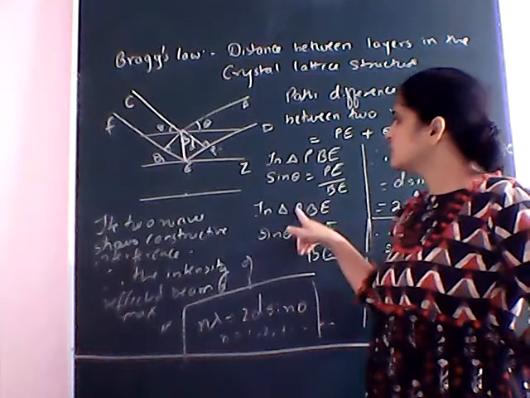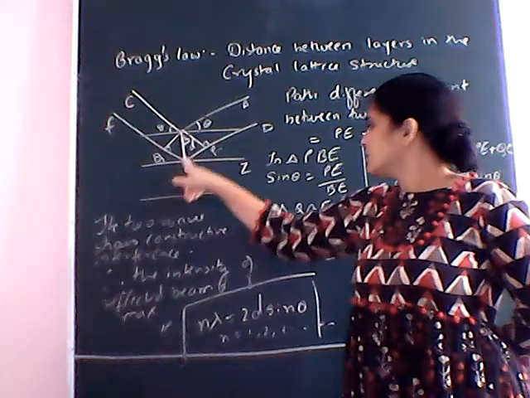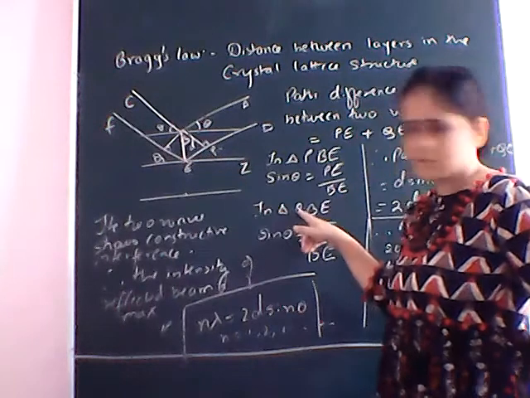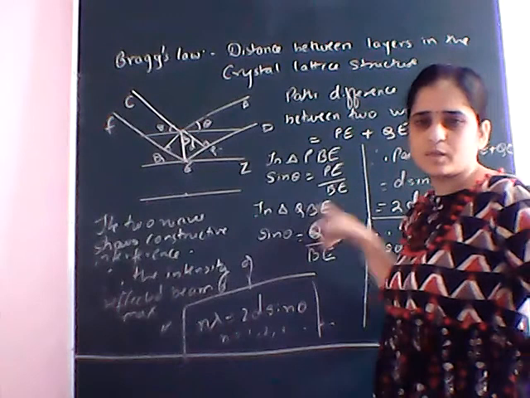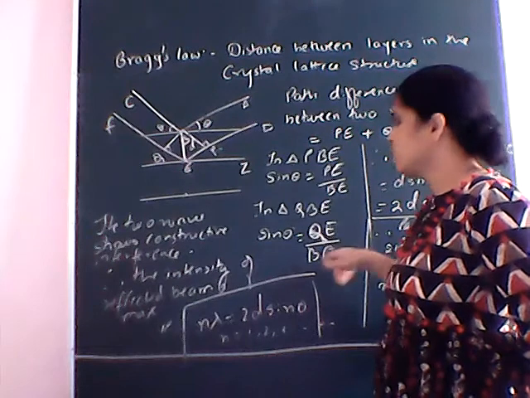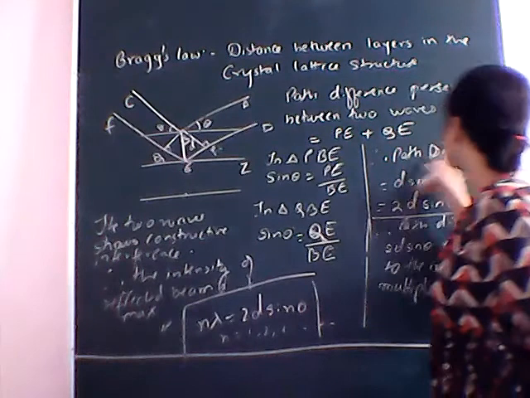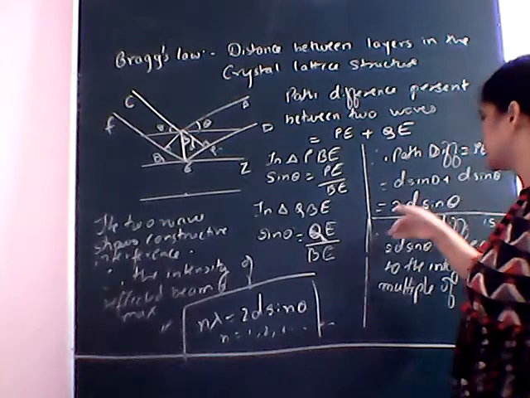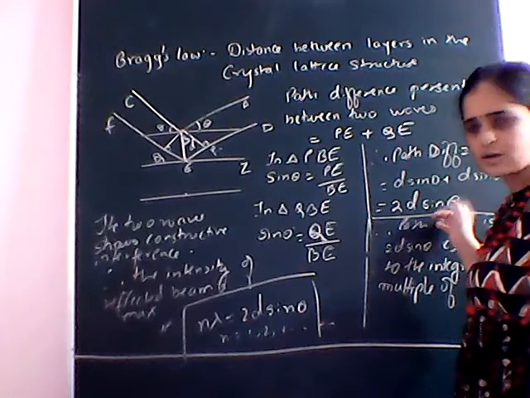Right. Another, in triangle QBE, again sin theta is equal to QE upon BE. Right. Then the path difference, if we put in their values, d sin theta plus d sin theta is equal to 2d sin theta.